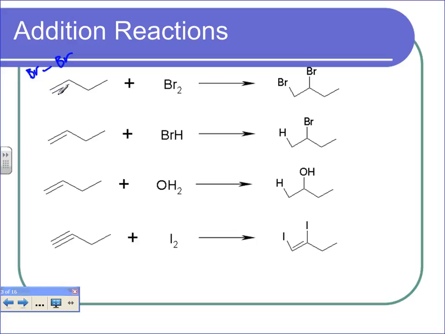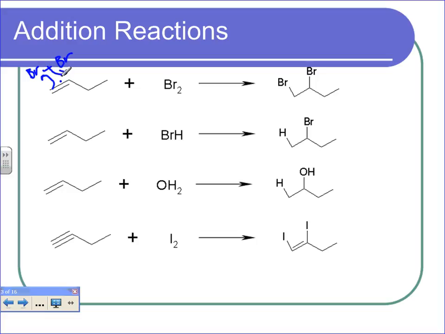There are electrons in a pi orbital above the molecule, so they're very welcoming and reactive to a bromine molecule. What happens here is the electrons from the double bond form a bond with the bromine. The electrons from here form a bond between this bromine and carbon atom.